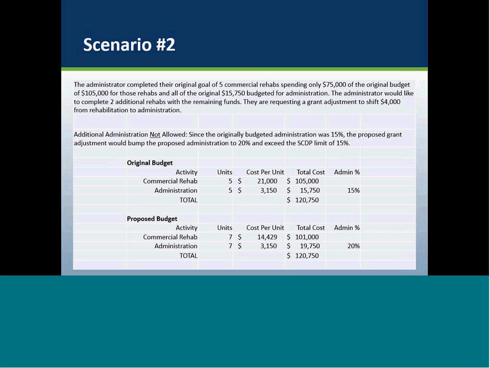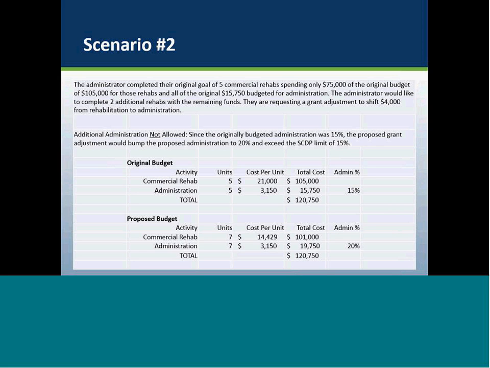Scenario 2. The administrator completed 5 commercial projects, spending $75,000, used up all admin, and would like to do 2 more rehabs and shift $4,000 from rehab to admin.